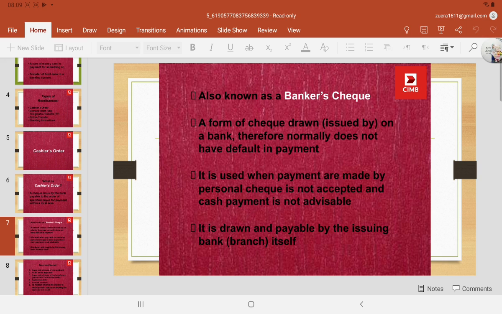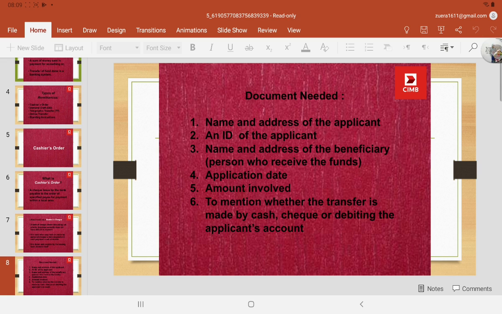Before we use this type of banker's check, we must fulfill certain documentation requirements. If you want to apply for this banker's check, a customer needs to furnish the following information in order for the cashier order to be issued.